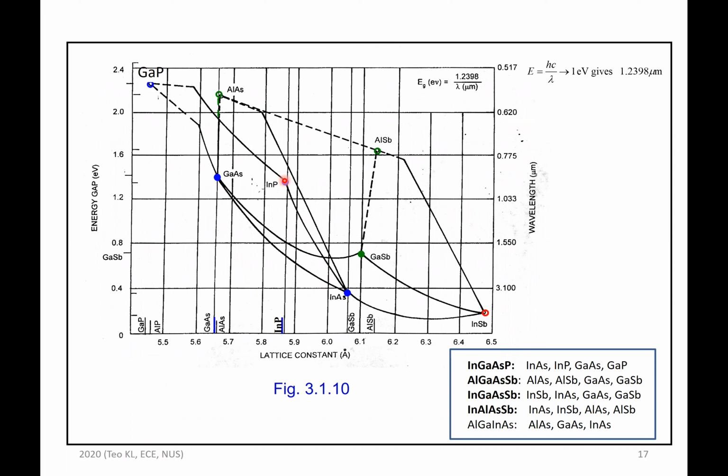So if I join these 4 points together, basically the line from gallium arsenide to indium arsenide is the ternary boundary line of indium gallium arsenide, because this is gallium arsenide and this is indium arsenide.